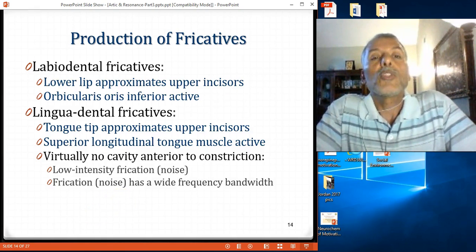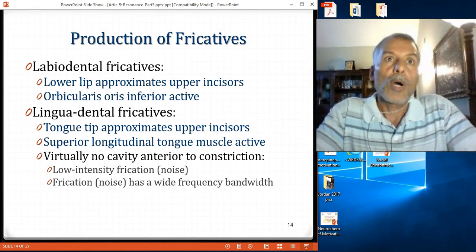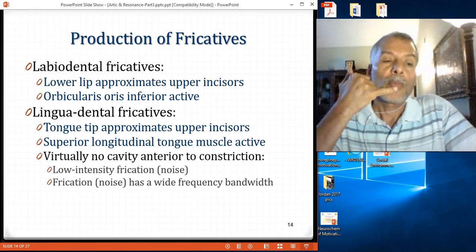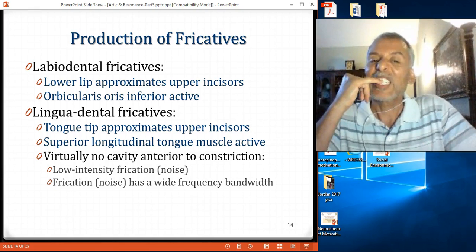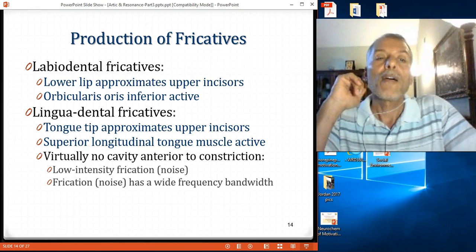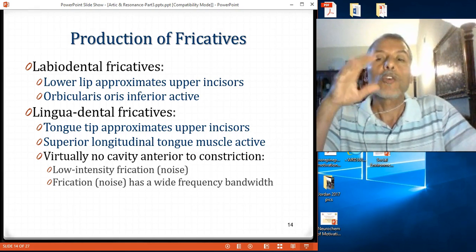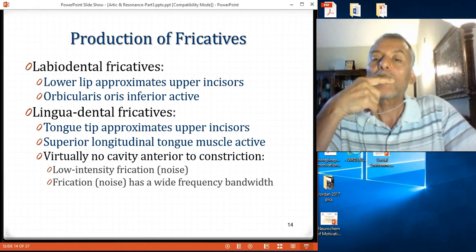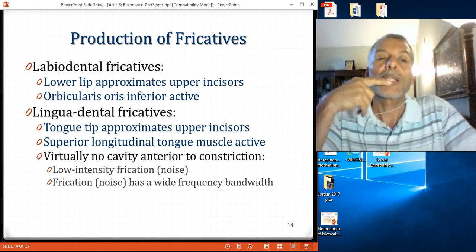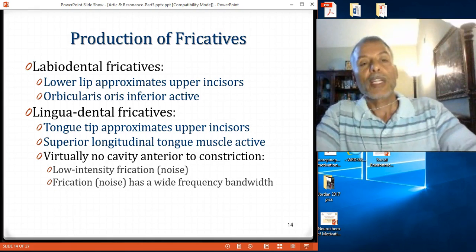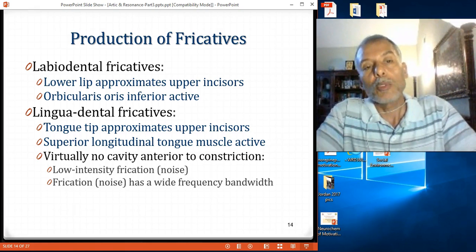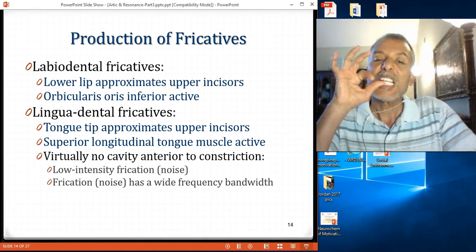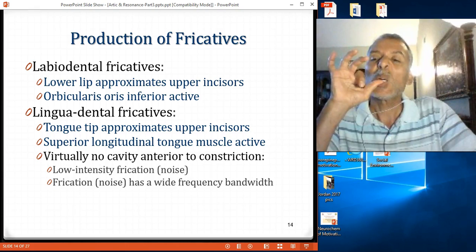For the labiodental fricatives, you require the lower lip in contact with the maxillary incisors, f, and then v, and the orbicularis oris inferior, that's the lower lip. Linguodental or interdental fricatives require the tongue tip to be placed between the upper and lower incisors.